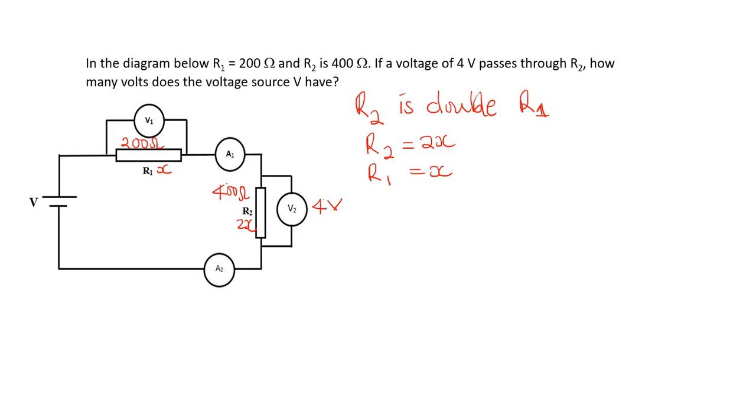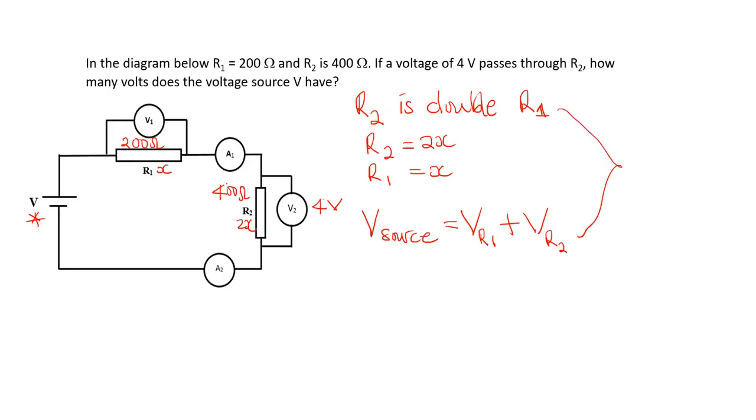So in terms of voltages, the voltage from source, which is this one here, is the addition of the two voltages from the resistors. So voltage from source will be equal to voltage for R1 plus voltage for R2. So what does this mean?